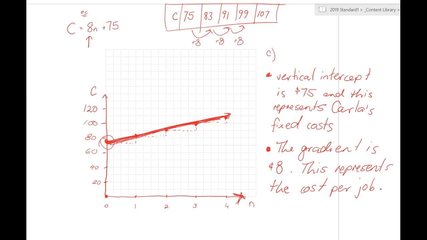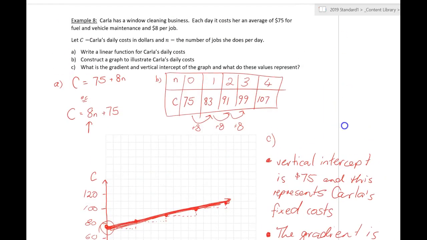Okay, so we've got a fixed cost plus a cost per job, and they correspond to the vertical intercept and the gradient. So that's linear modelling. Keep in mind what you want to do here is: 1, write the equation, and that can be a little bit tricky. 2, draw up a table of values. 3, draw a graph.